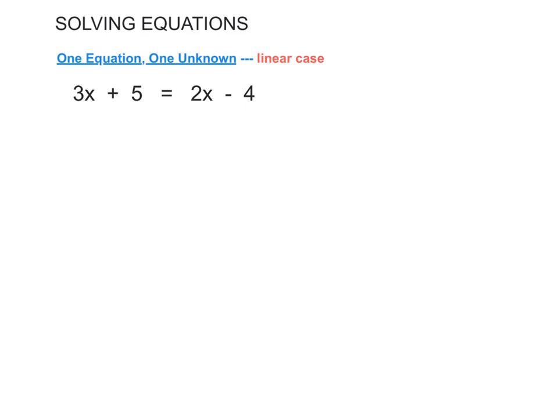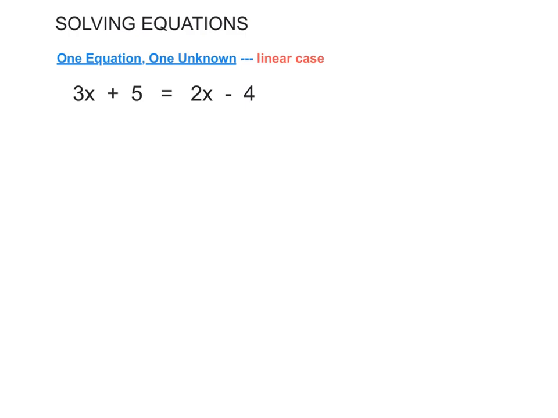For example, I could add 32 to this side, provided I add 32 to that side, and the two sides will remain balanced. I could subtract 11 from both sides of the equation. I could take the square root of both sides of the equation. As long as whatever I do to the left-hand side of the equation, I do the same thing to the right-hand side, they remain balanced. So that simple principle will allow us to solve for the unknowns.